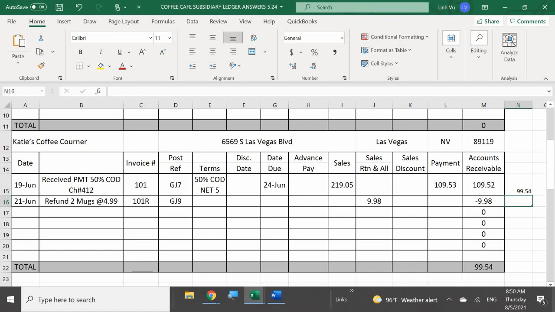Just a clarification, it doesn't affect our inventory because they're broken. It's not like we can resell them, so we're not putting them back into inventory, right? Excellent. Good. Yes. We can't put it back into inventory because they're broken. It's no use to us. So in this case, I don't think we even asked Katie to give it back to us.